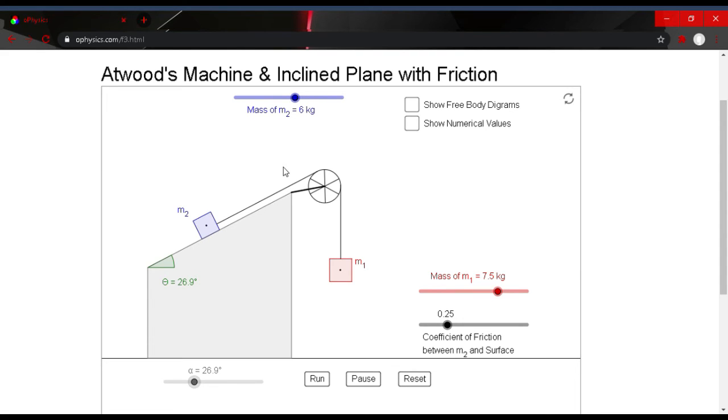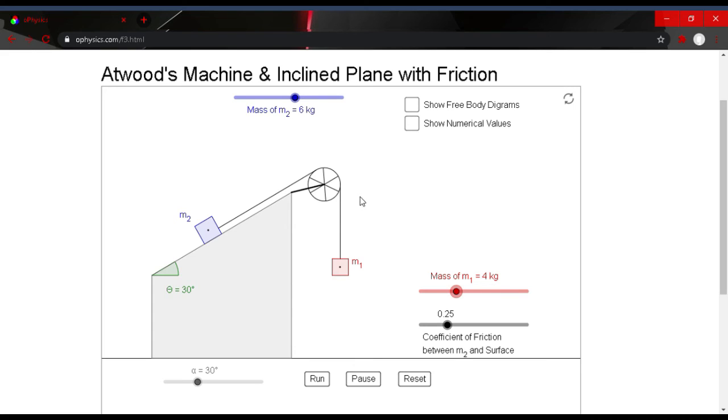And then for the M2, let's say I'm going to change it to 6 kilogram. And for the theta, I'm going to change it to 30 degrees. So both values are going to be constant for the two types of experiment. For M1, I'm going to change it to 4, for example.